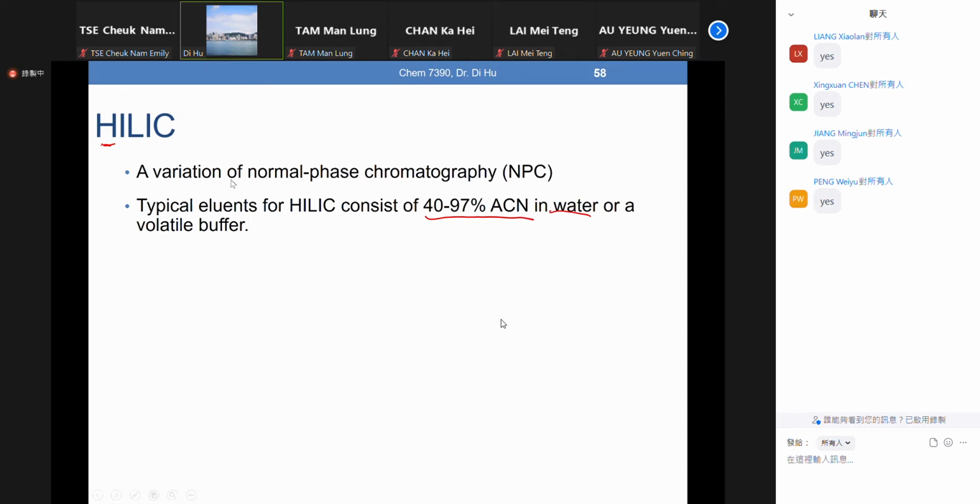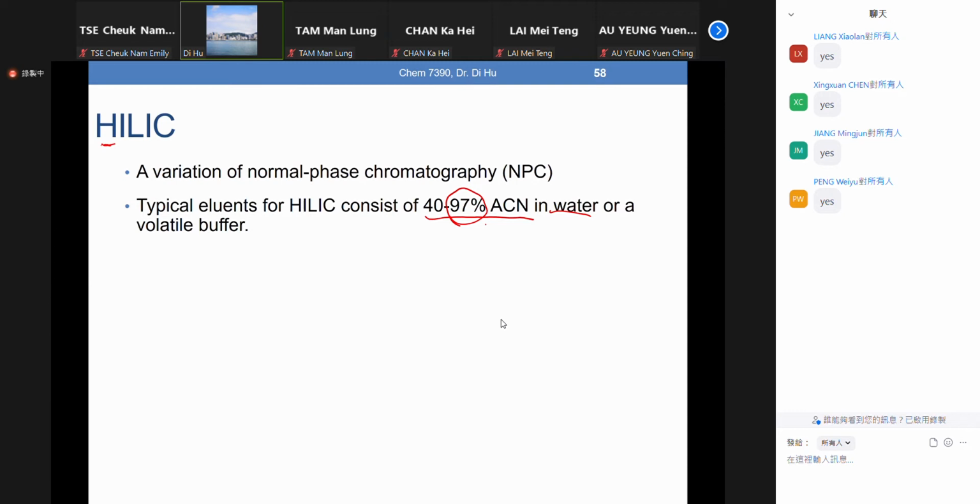Because the HILIC stationary phase is quite hydrophilic and often charged, it also has a water-enriched layer established within the stationary phase. That's why it's able to deal with a mobile phase of water with organic solvent, and can use a quite high percentage of ACN in water, up to 97%.